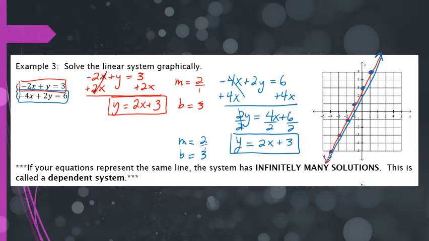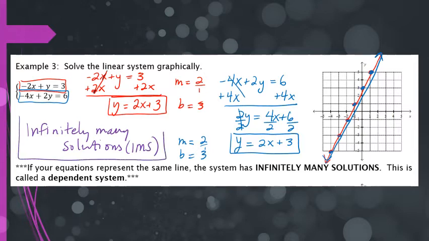So if they cross in one place, we have one solution, but if they cross every place, we have infinitely many solutions. So I'm going to write infinitely many solutions. And sometimes I'll abbreviate this IMS, just so I don't have to write out the whole thing each time. But that would be your final answer. So it's not an ordered pair, it's just infinitely many solutions. Everything works.